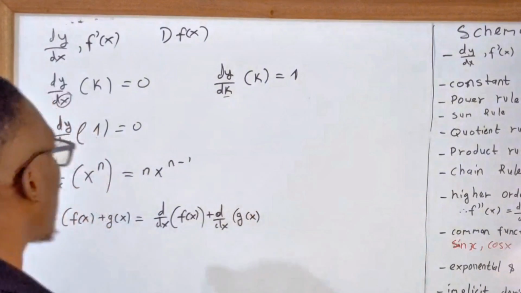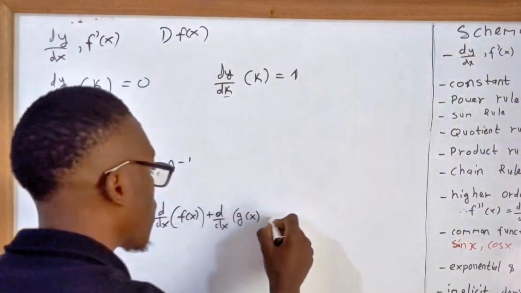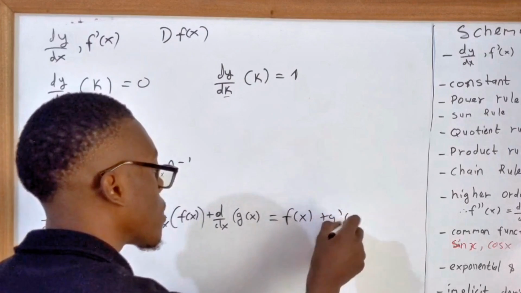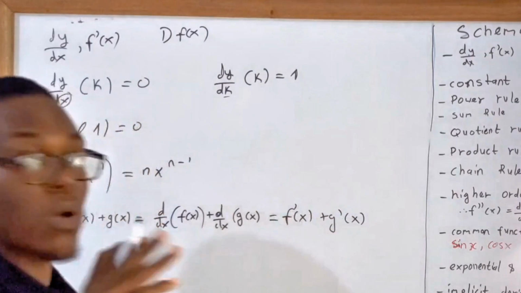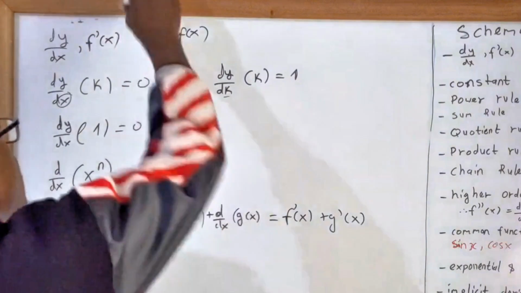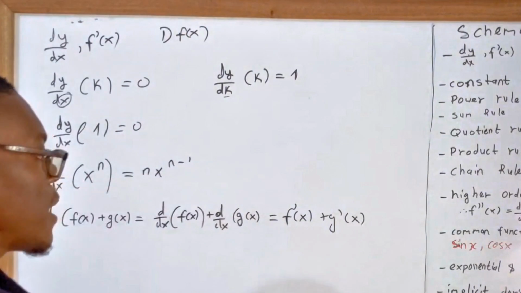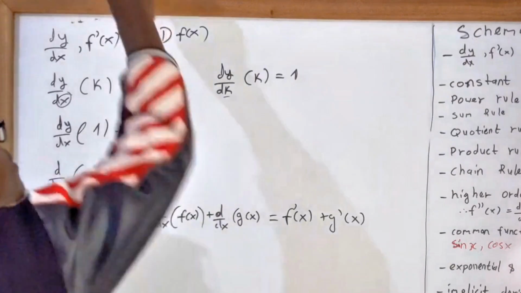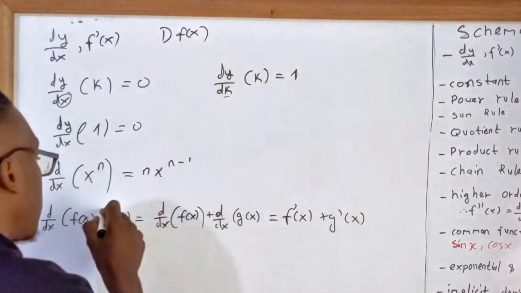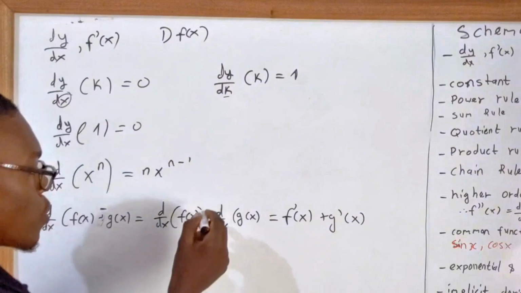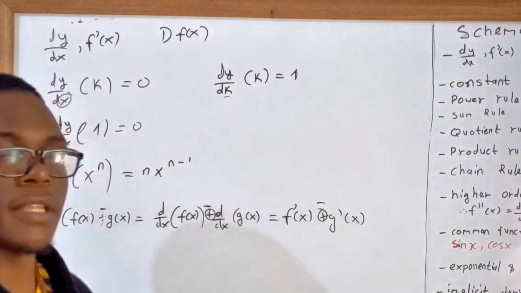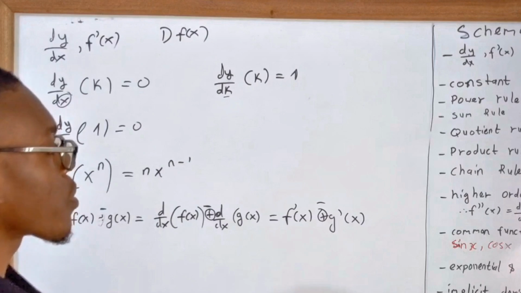And from here, we can have f prime of x plus g prime of x. Yeah, that's what we have at this point. What in case you have a negative here? Just take it here as a negative. Hence, in case it was subtraction, we are going to have a negative here, and we are also going to have a negative here.